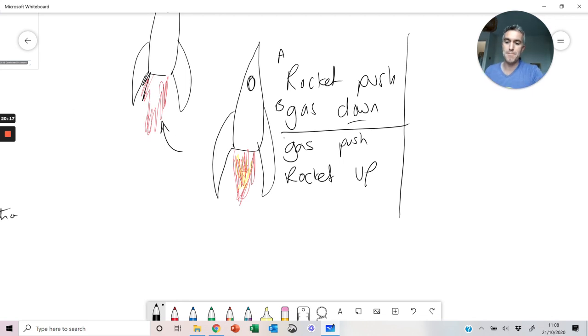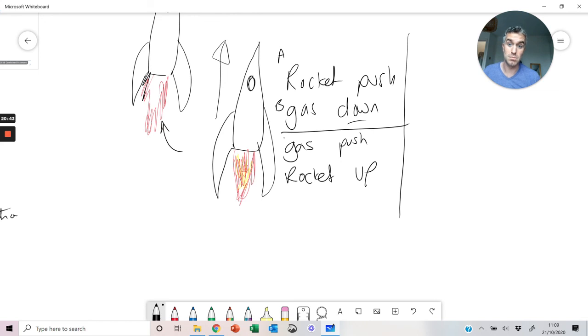The gases are so light that the effect on the rocket is much, much less, but the gases are pushed with such an enormously huge force down that although the rocket doesn't move up as fast as the gases go down, because the rocket is much heavier, it's still enough to launch the rocket up into space.